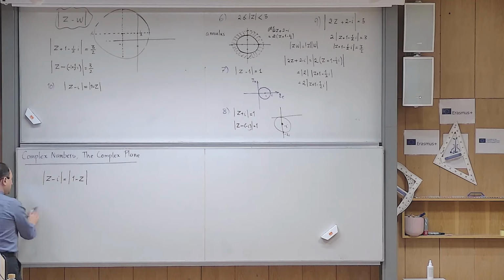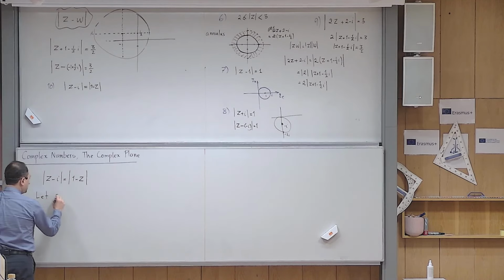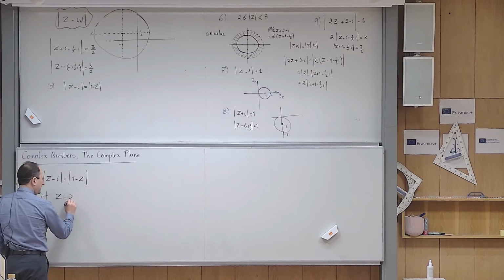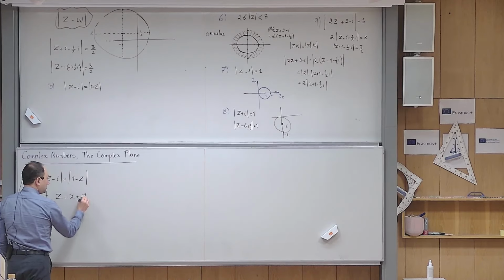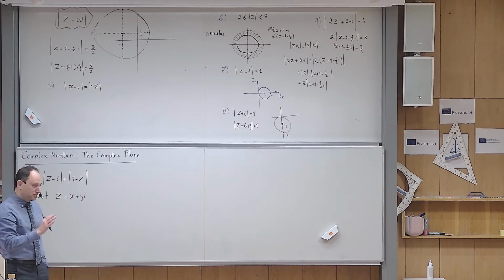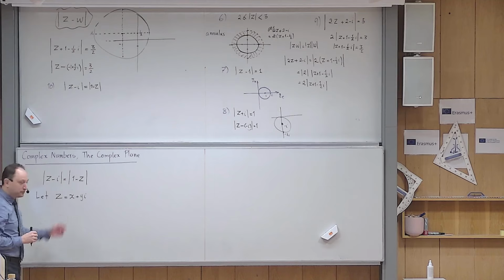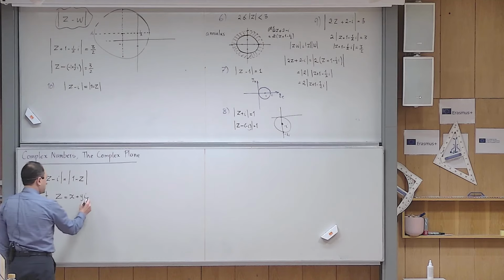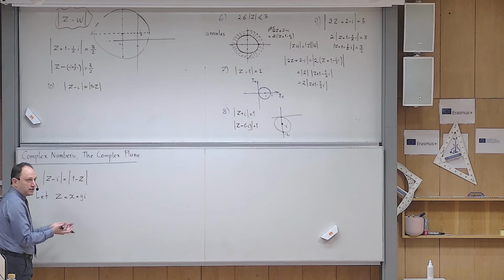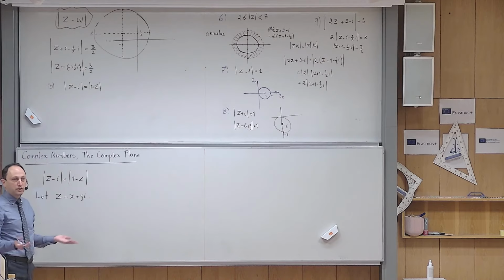Let z that I am looking for, instead of writing a and b, I would recommend you really write x and y, because in the coordinate system, you are used to use letters x and y rather than a and b. Of course, there is no big difference, but that's my advice to you. So I would say let this happen. And then I calculate this algebraically and simplify as much as I can to see what happens.